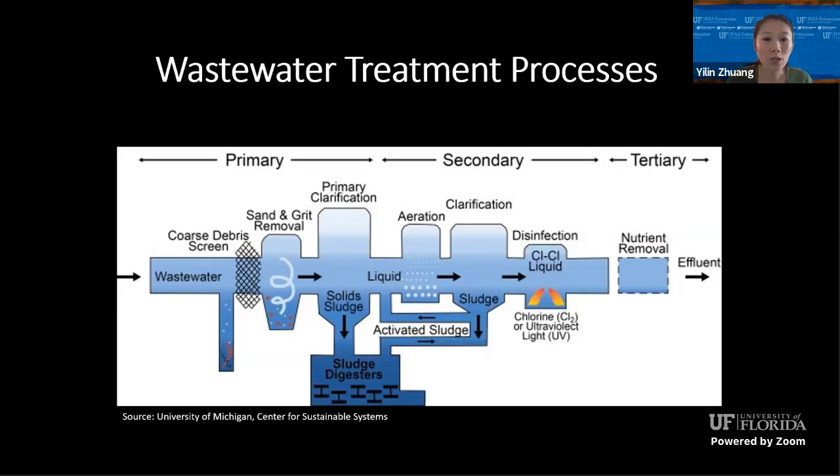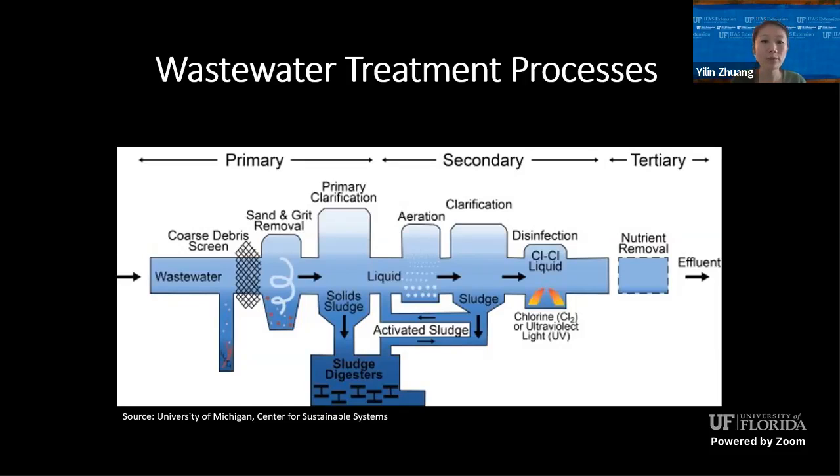Some treatment plants may be required to remove nutrients, including nitrogen and phosphorus, due to the possible negative impacts on the receiving water bodies. Tertiary treatment, also called advanced treatment, is used to remove nutrients and additional solids.